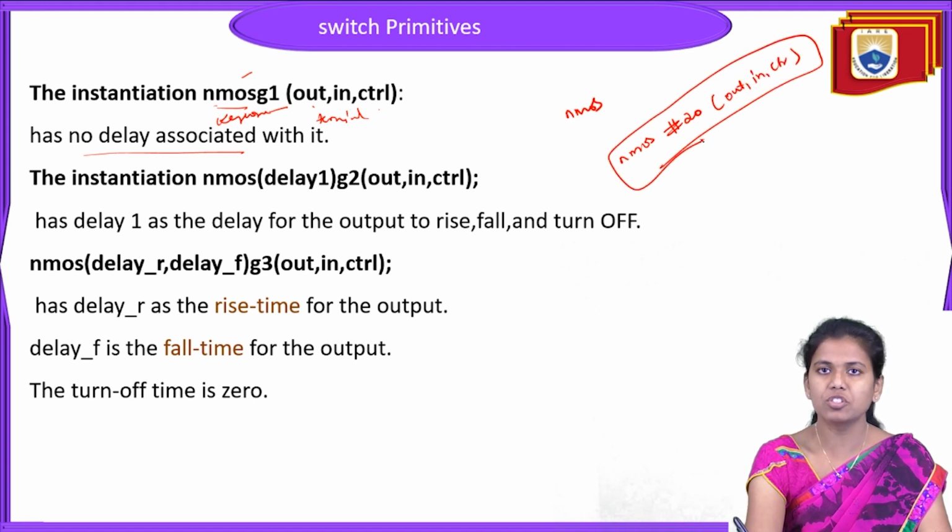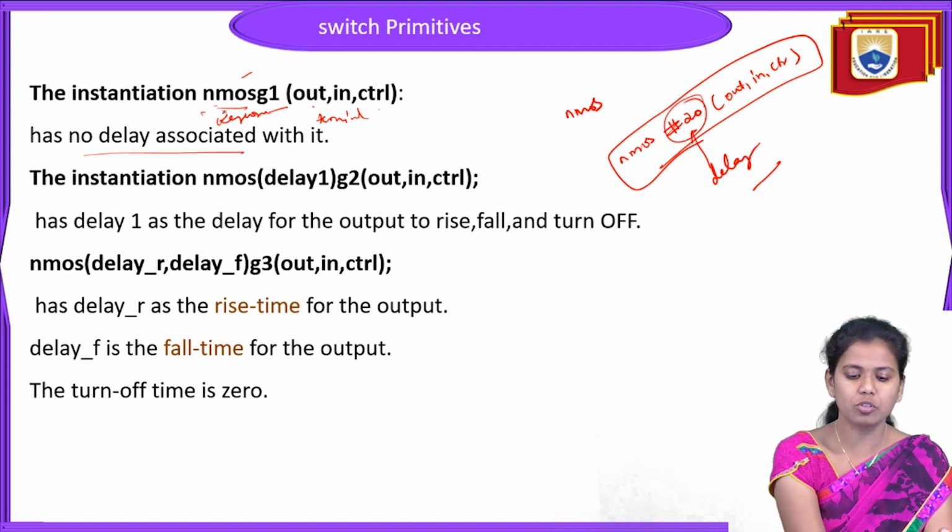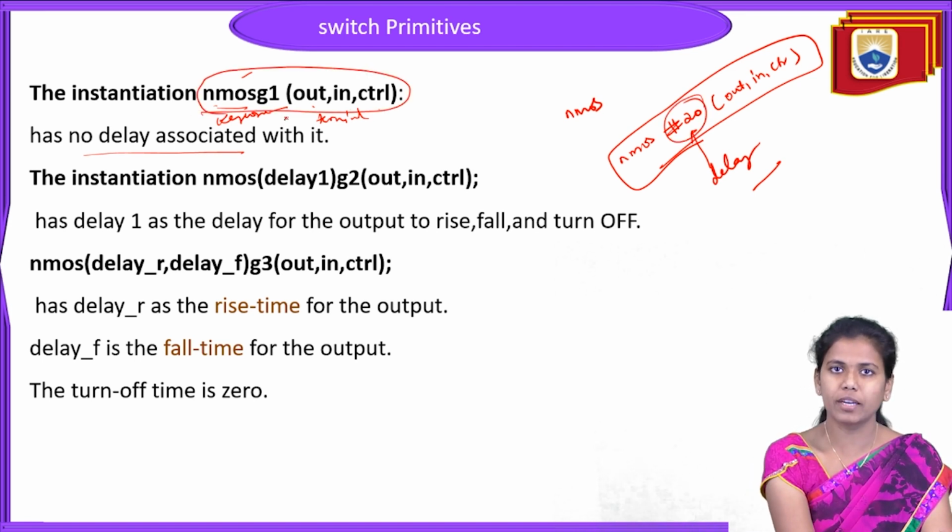If you observe such an instantiation, then we say that there is some delay. If this particular switch is associated with some delay, that's how we will represent it. In this particular example, there is no delay, so it has no delay associated with it.